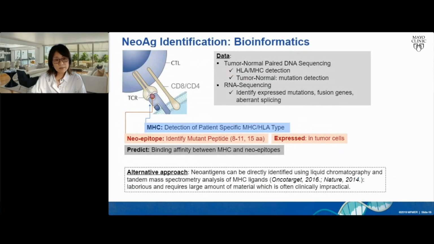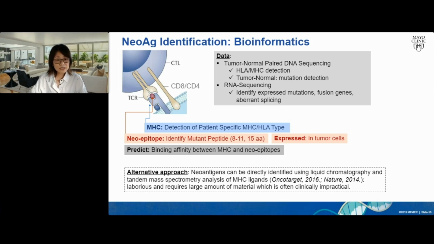As shown towards the bottom of this slide, neoantigen peptides can be directly identified by mass spectrometry analysis of MHC ligands. However, this process can be laborious and requires a large amount of tissue. Today, neoantigen detection is mostly done by bioinformatics analysis of tumor DNA and RNA sequencing data in 3 steps.